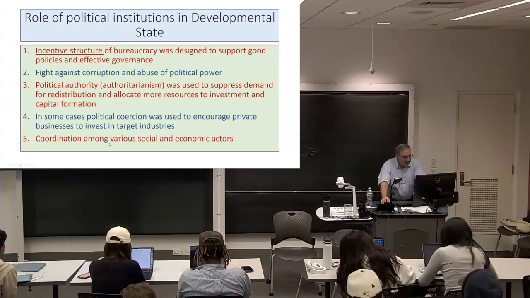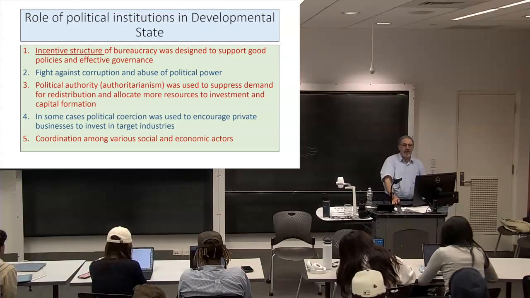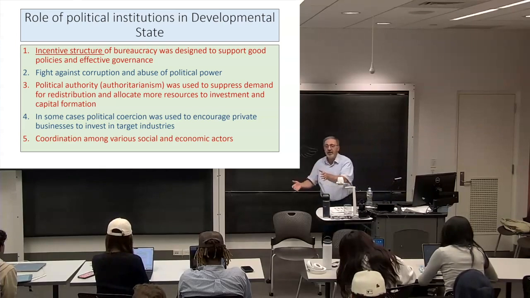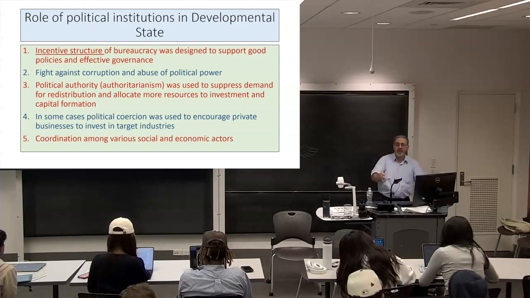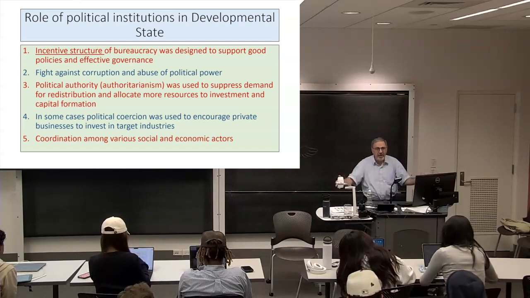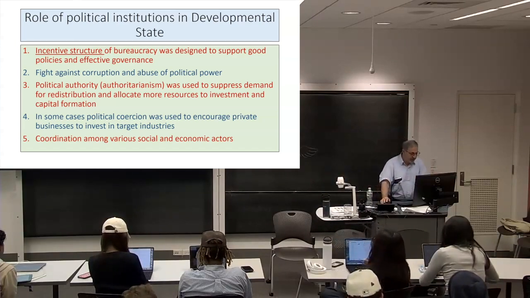And finally, coordination among some social and economic actors inside the country. That coordination role is also very important. Not only interactions of government with the industry, but coordination among industry, among various groups in society, so that you can persuade some groups to be part of this big developmental process.